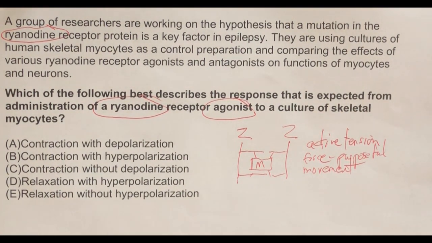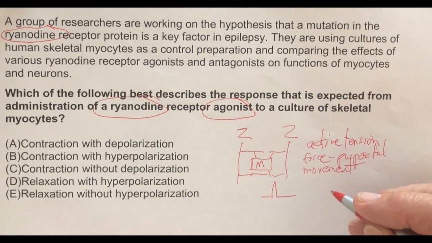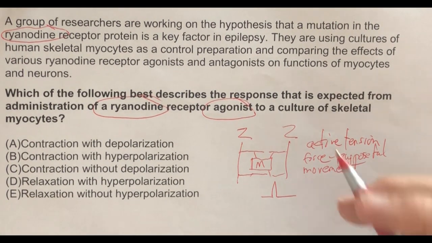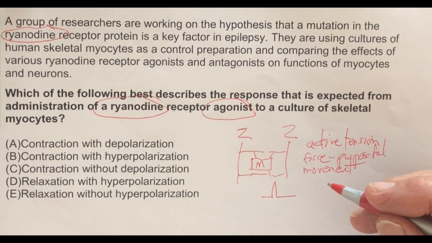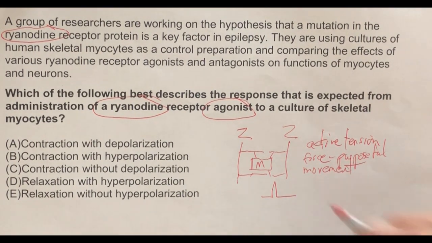So where does the ryanodine receptor come in? Well, to get a contraction, we first need a depolarization, an action potential, and the action potential comes from a motor neuron that releases acetylcholine onto acetylcholine receptors, opening a sodium-potassium non-selective cation channel that allows sodium to rush in.